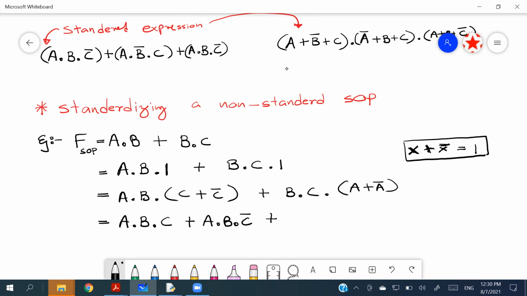Then another plus, we can say B dot C dot A plus B dot C dot A bar, right?